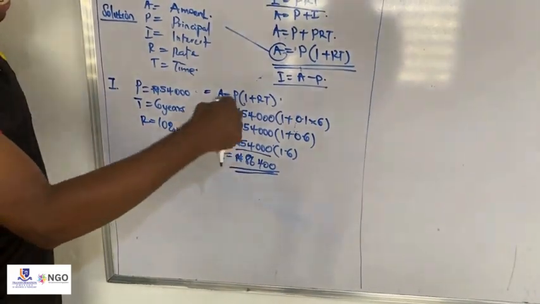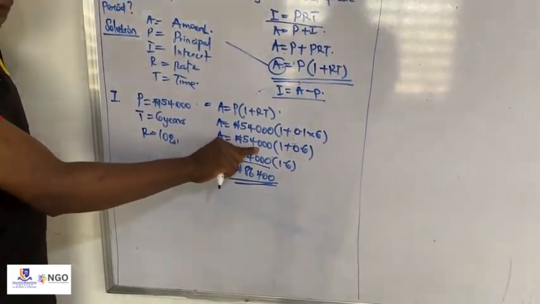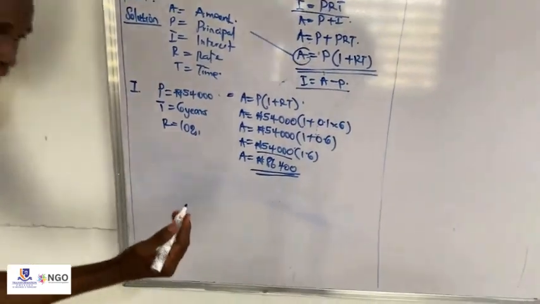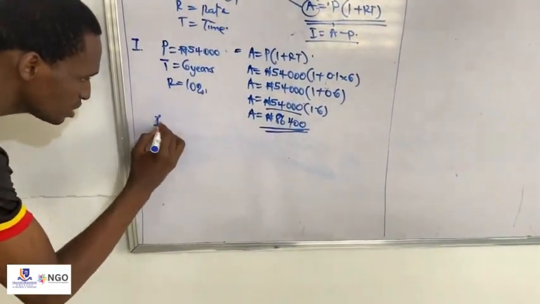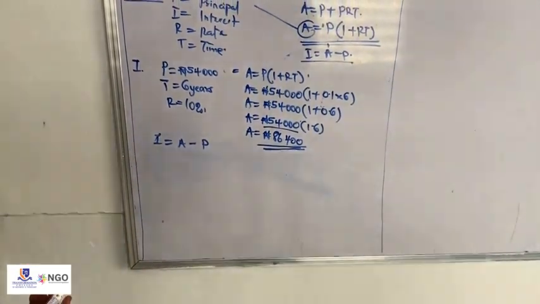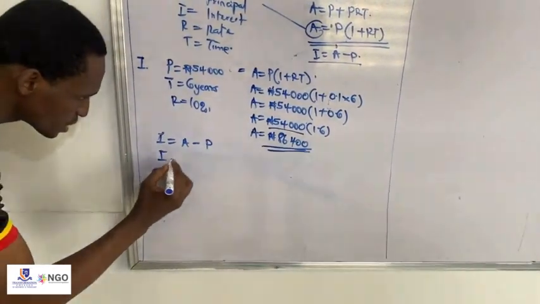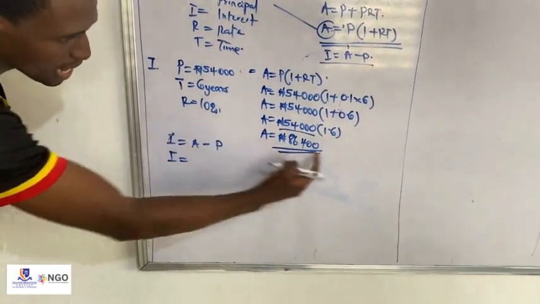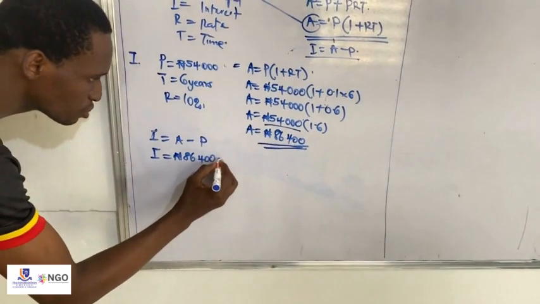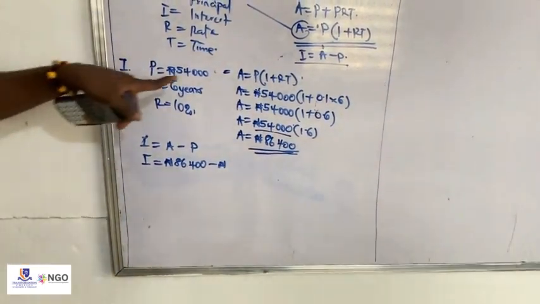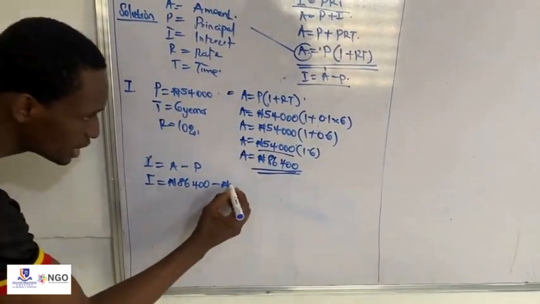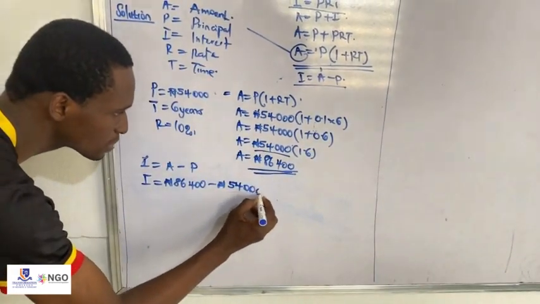So what is the interest that has accumulated on this 54,000 to make it 86,400? How do we calculate interest? Interest is calculated as amount minus principal. Our amount is A, 86,400, minus our principal, remember the money we invested at the beginning, 54,000.